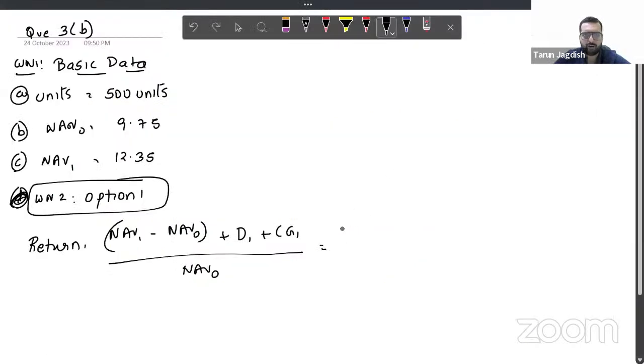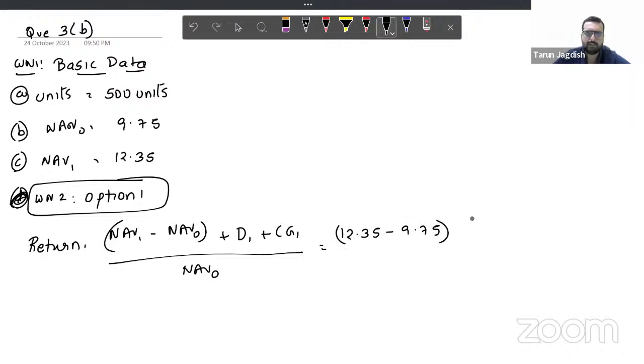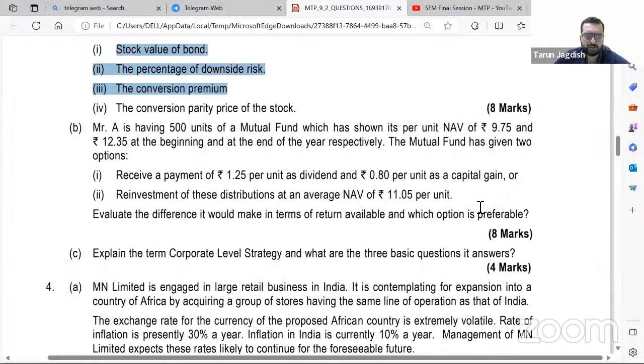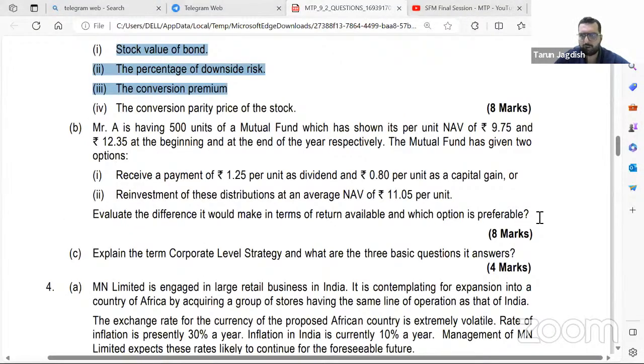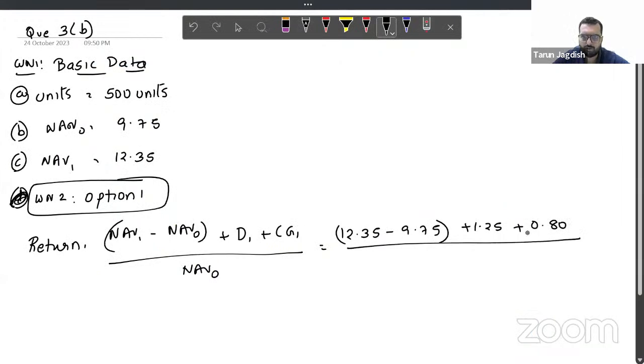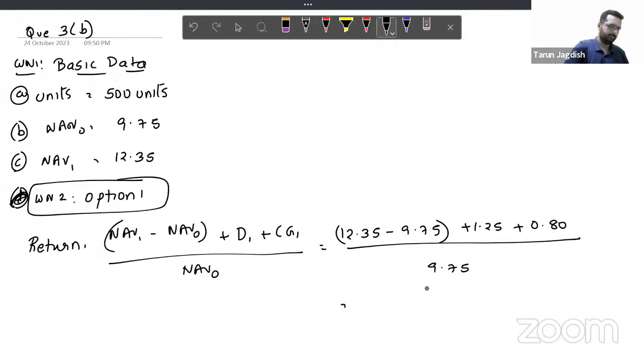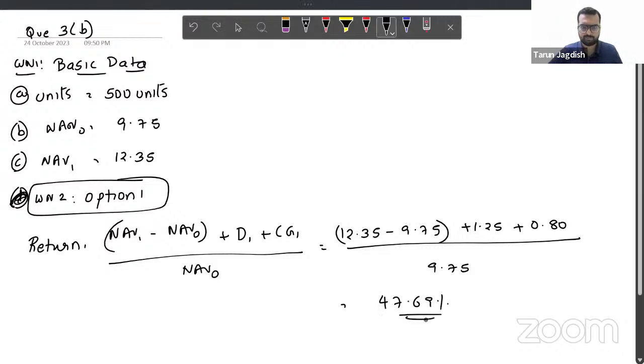So NAV1 is 12.35 minus 9.75, plus D1 which turns out to be 1.25, plus CG1 which turns out to be 0.80, whole divided by 9.75. Do you get the answer as 47.69 percent? Perfect. Can you scribble down till here in your books?